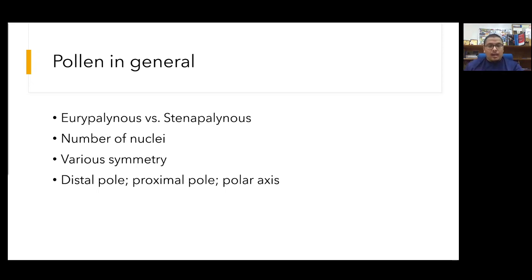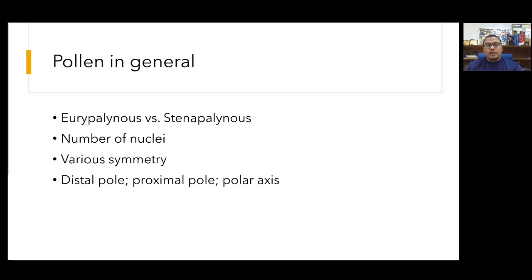Also, angiosperms mostly have pollen grains of radial symmetry, bilateral symmetry being found in several gymnosperms. So angiosperms basically have radial symmetry and gymnosperms have bilateral symmetry. By looking at the symmetry of the pollen, you can differentiate between angiosperm and gymnosperm at the preliminary stage.